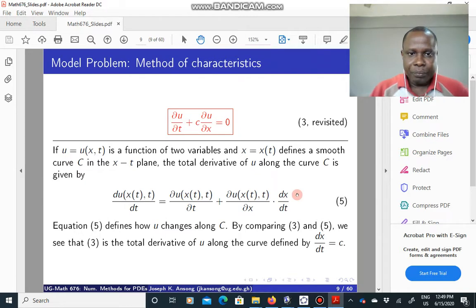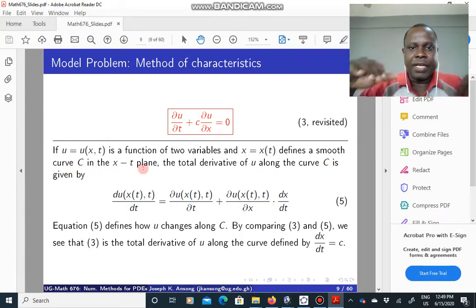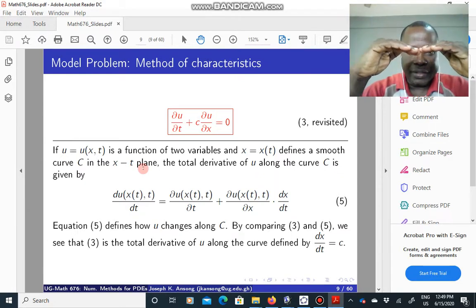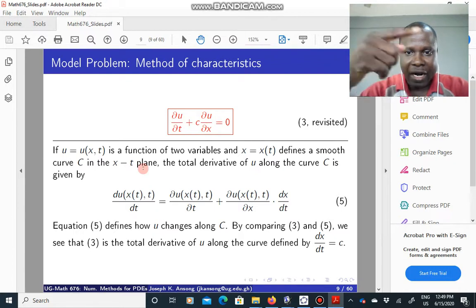Now, if u here, which is a function of x and t, is a function of two variables, of course, and if x is equal to x as a function of t defines a smooth curve c in the xt plane. Remember, we said that the solution to the PDEs is a surface, and on the surface you have characteristic curves.